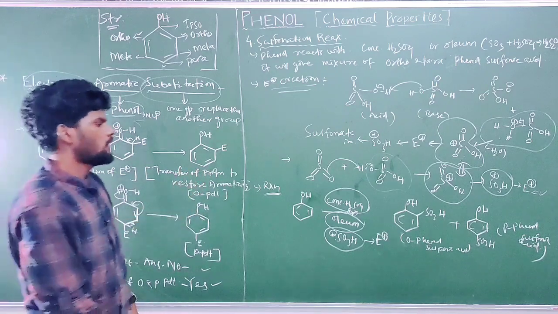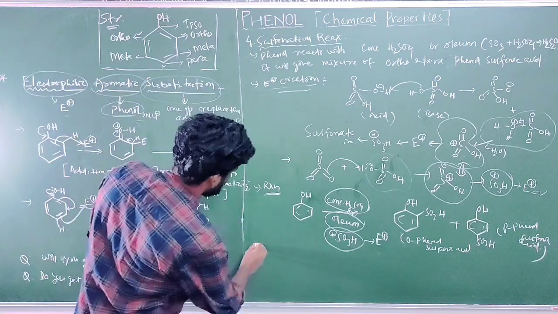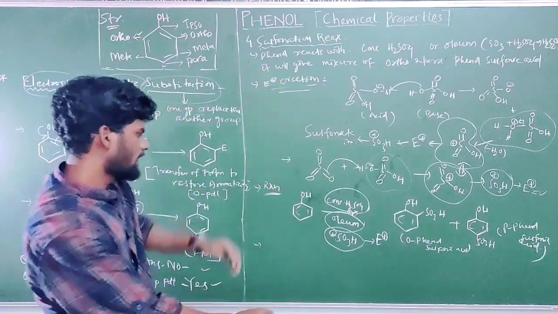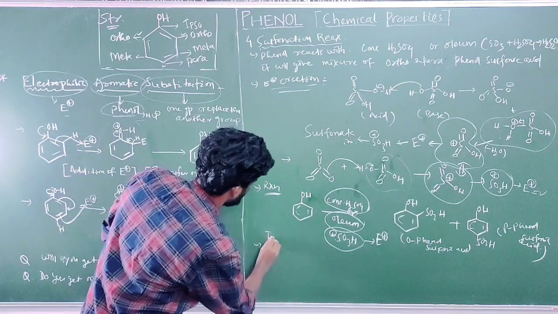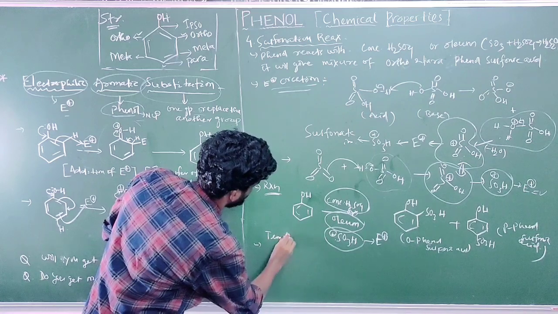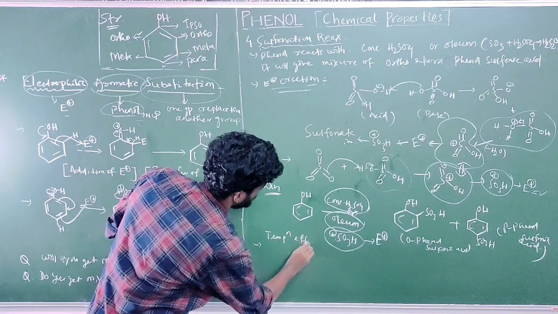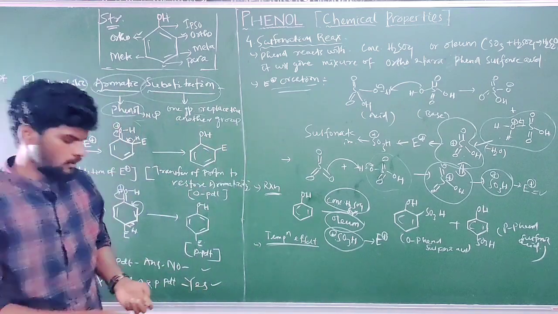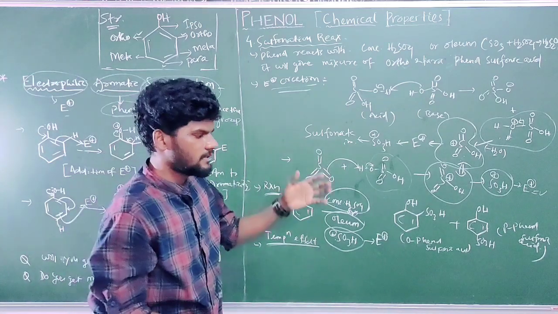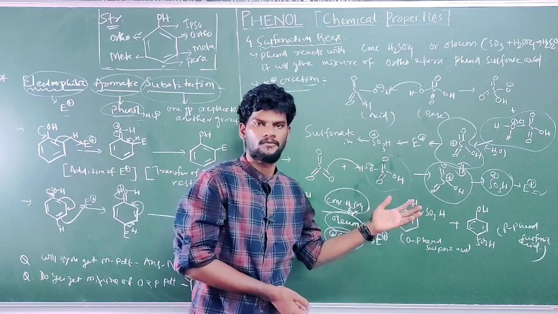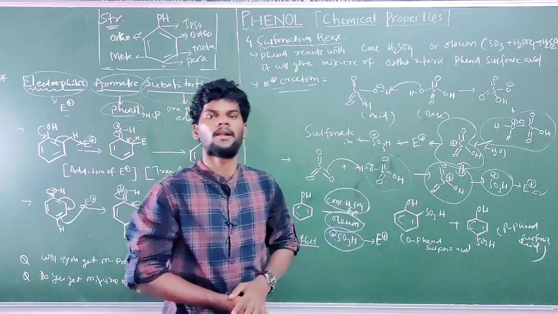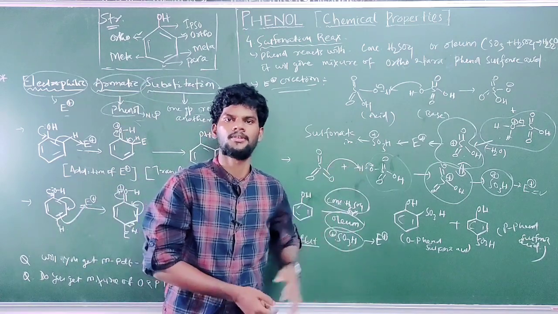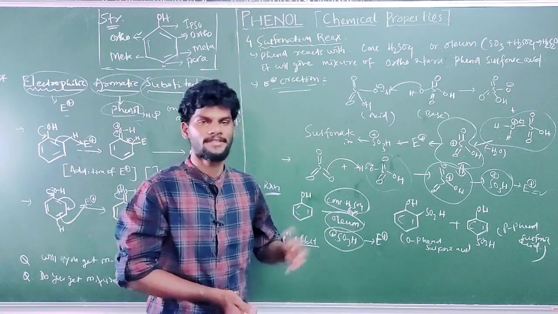Okay, simple. Next, an important factor right here: temperature effect. What is the effect of temperature in sulfonation reaction? This is important. If you set up the reaction at higher temperature, you will get para product exclusively, and if you set up the reaction at lower temperature you will get ortho product exclusively.